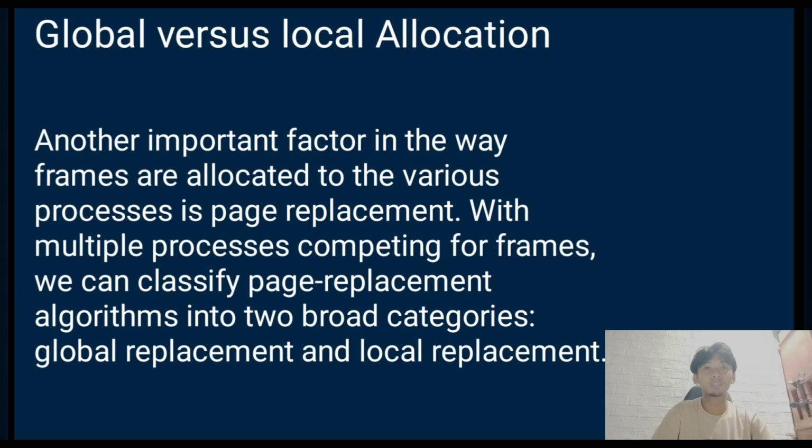Global replacement allows a process to select a replacement frame from the set of all frames, even if the frame is currently allocated to some other process; that is, one process can take a frame from another. Local replacement requires that each process select from only its own set of allocated frames.